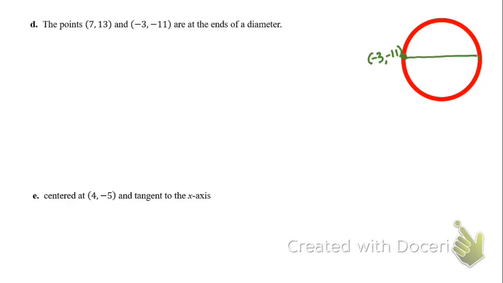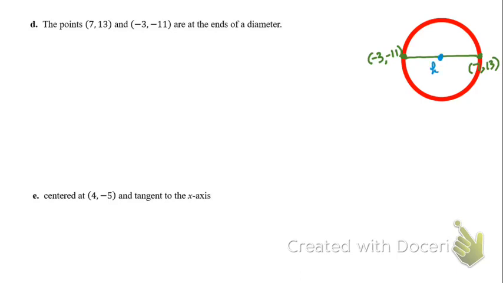Okay, so we can draw the circle. This is going to be (7, 13). You can put this number either way. That's all we got. But what we need to finish the question is a center, located right here.